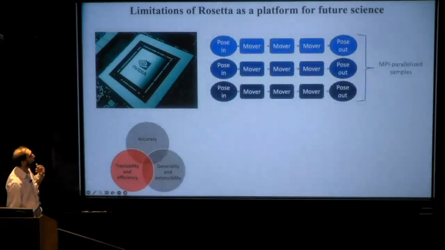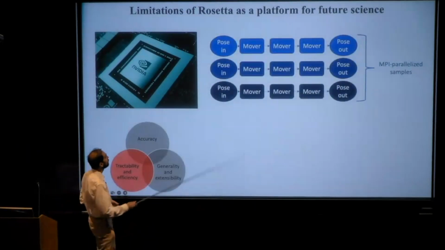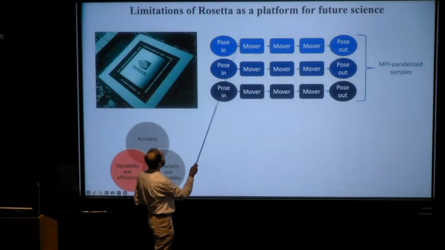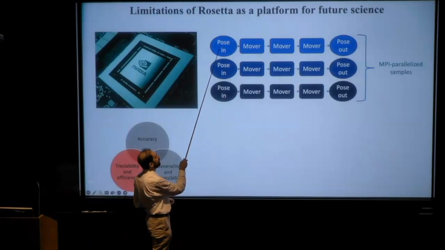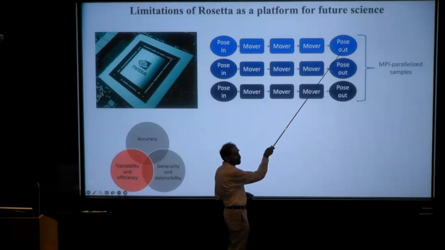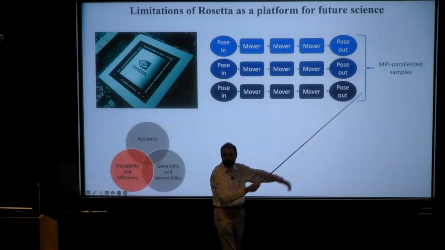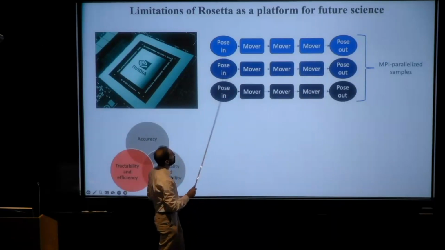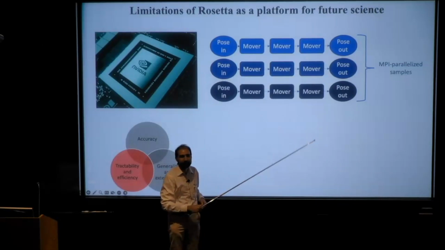And part of the problem is just the whole paradigm in Rosetta is based around samples, where each sample is one structure in, a series of operations you perform on the structure, and one structure out, as well as some data from those operations. And then you do another sample that's entirely independent.